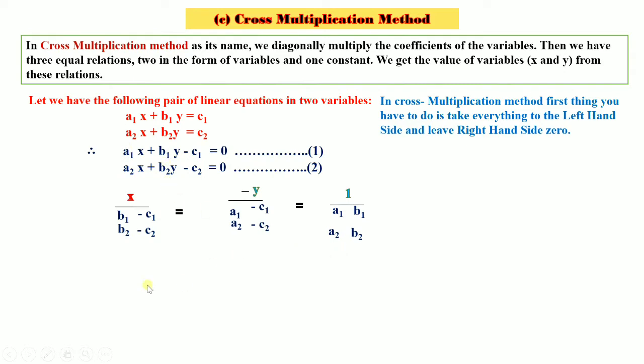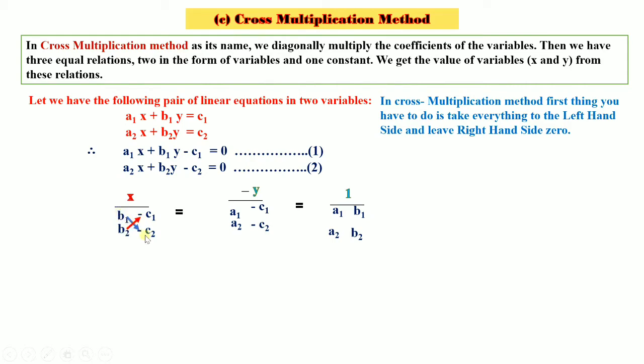Now one more important thing, what is this method? Cross multiplication method. Till now we were unaware of this cross multiplication. We never did this anywhere in these steps. So now that cross multiplication has started, we will be multiplying diagonally. Diagonally means this way and then this way, but you need to be a little careful about this red arrow.